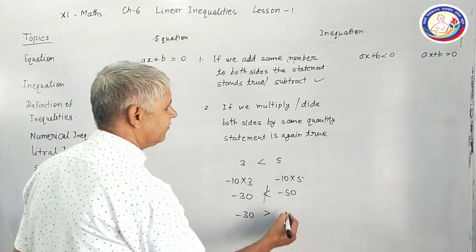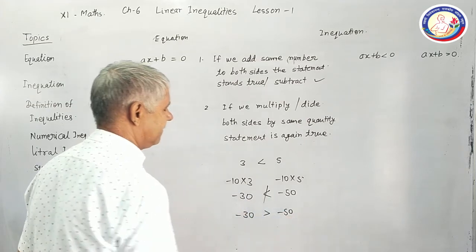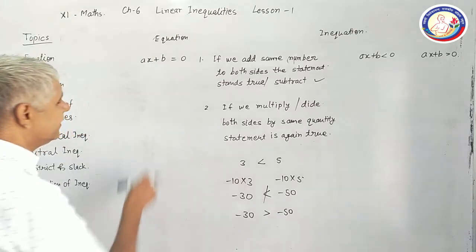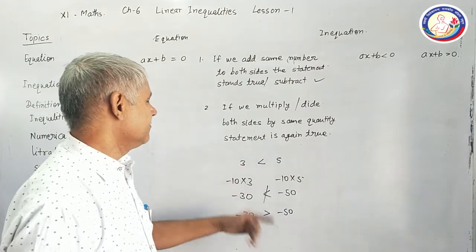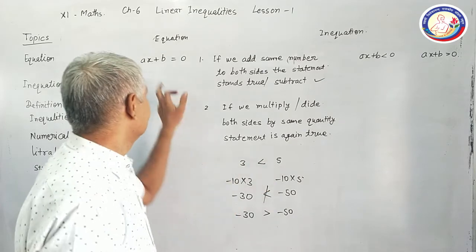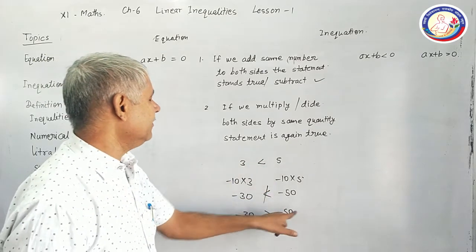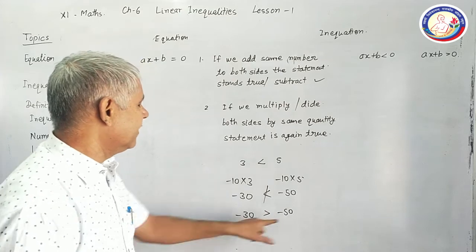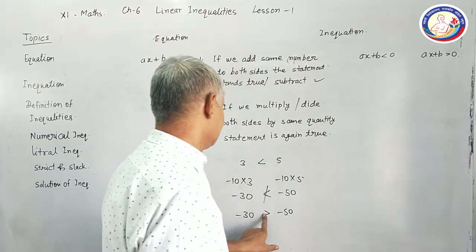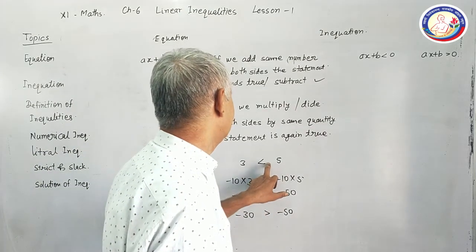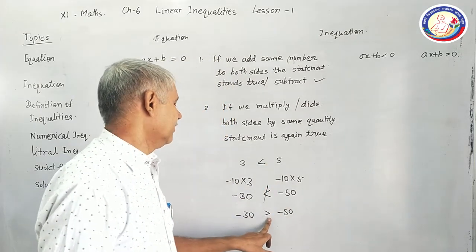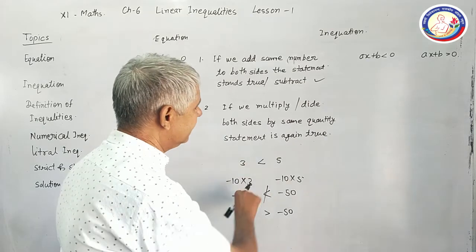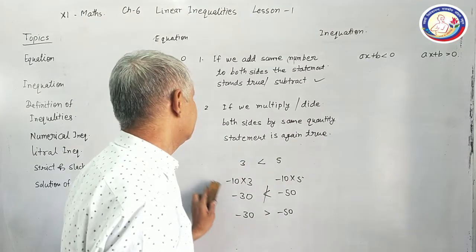But for equation, it doesn't hold. It is not needed. But in inequation, if we multiply both sides by a negative number, the symbol changes. If it is less than, it is changed into greater than. And if it is greater than, then we change it into less than.